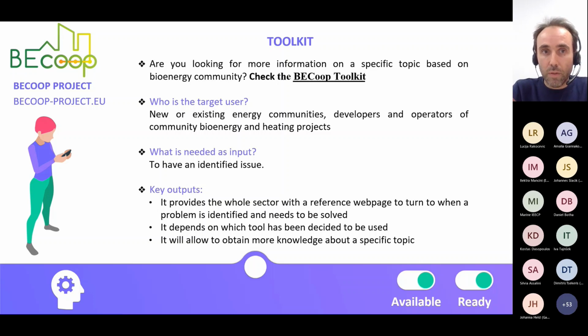This is the information that you can find there. It can be used by the general public, almost all types of stakeholders, but the only thing that you need is to know what you want to find out, what you want to know more about.